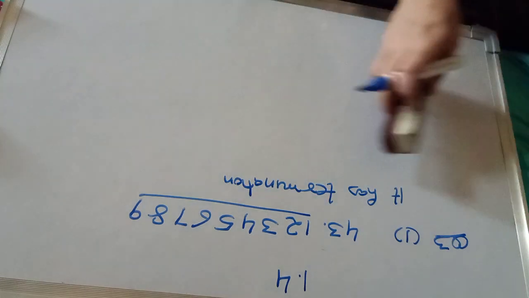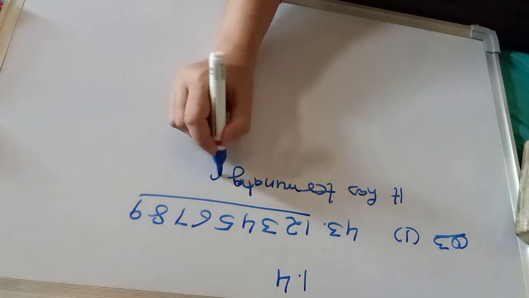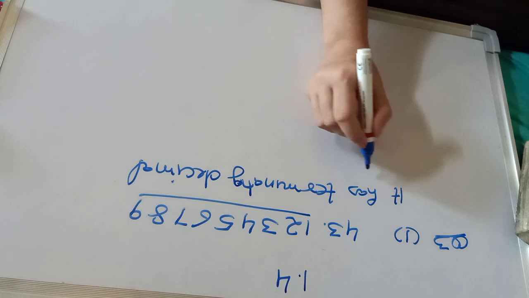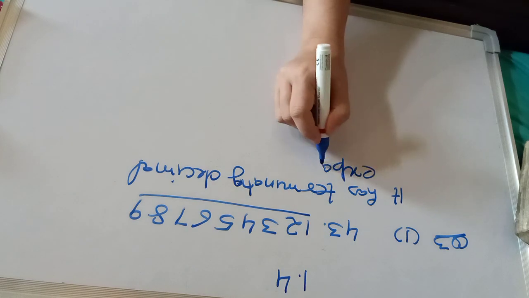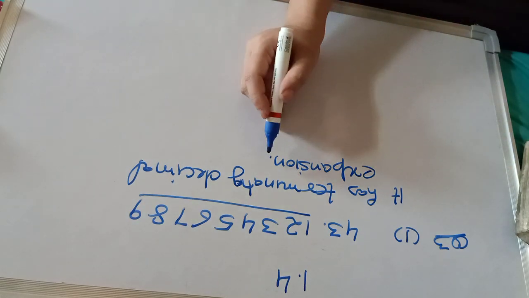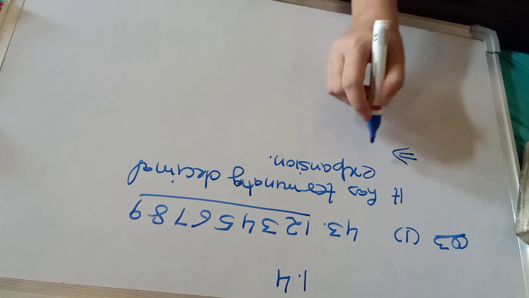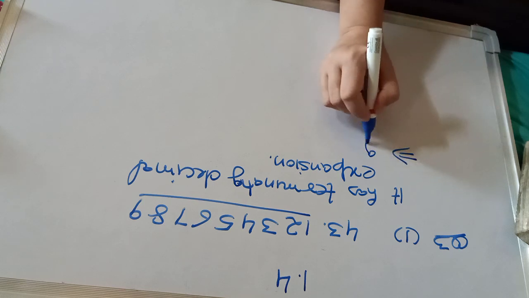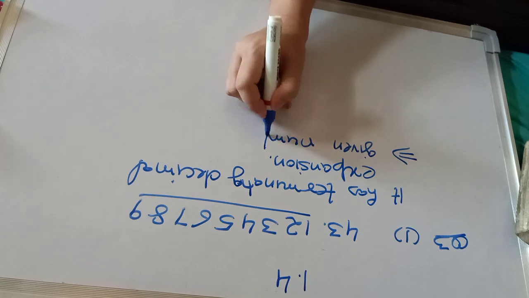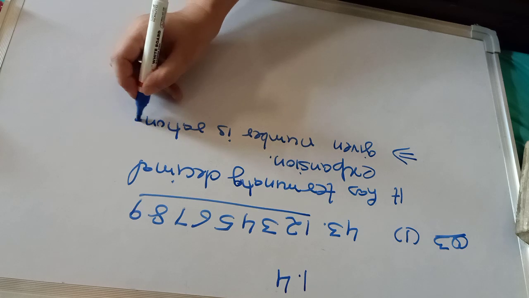It has terminating decimal expansion. If it has terminating decimal expansion, it means the given number will be rational. Given number is rational.